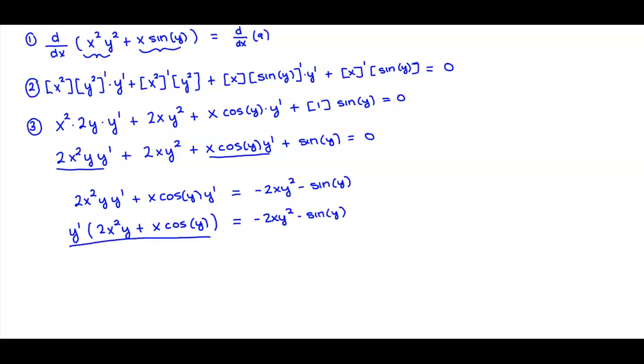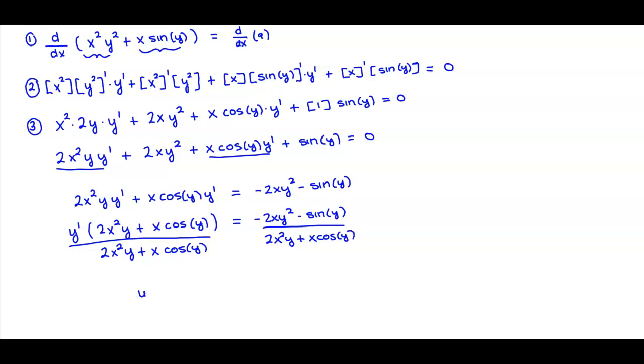And now if we want to then solve for y prime, we're going to divide both sides by 2x squared y plus x times the cosine of y.